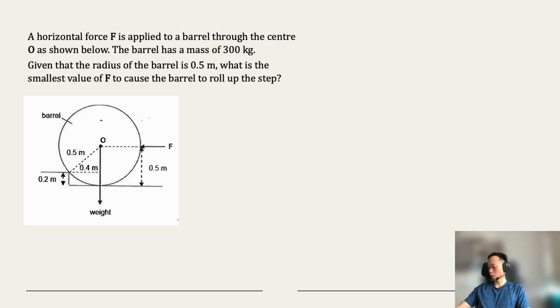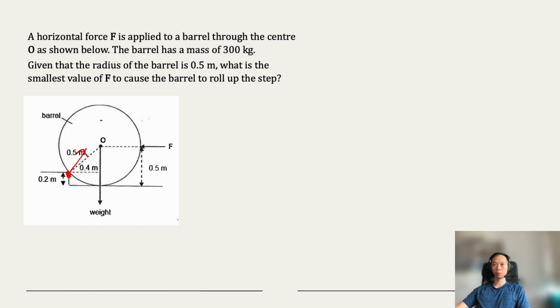So first of all, like I mentioned, where should we choose as our pivot? We should choose this point. Why? Well, if you imagine this barrel rolling up the step, it's going to be pivoted about this point. This is the center of the rotation. Second of all, the step is going to exert some force on the barrel here, right?